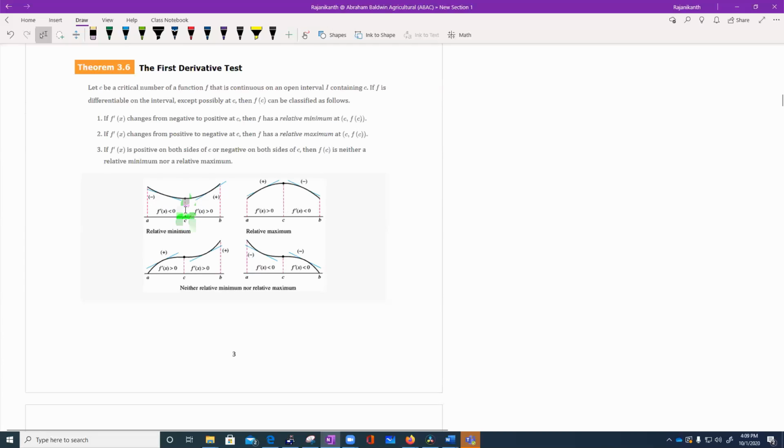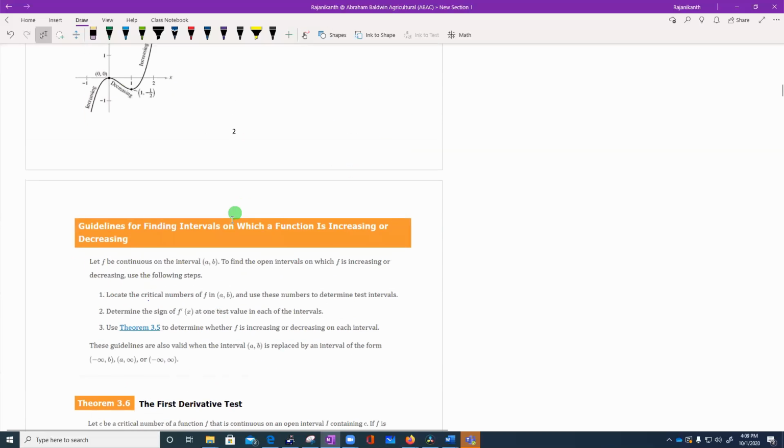Remember, our task is to find whether the function has a maximum or minimum at this point. To check that, you find the first derivative just before this point and just after that point. So if you look at this example, we have a negative slope and a positive slope.